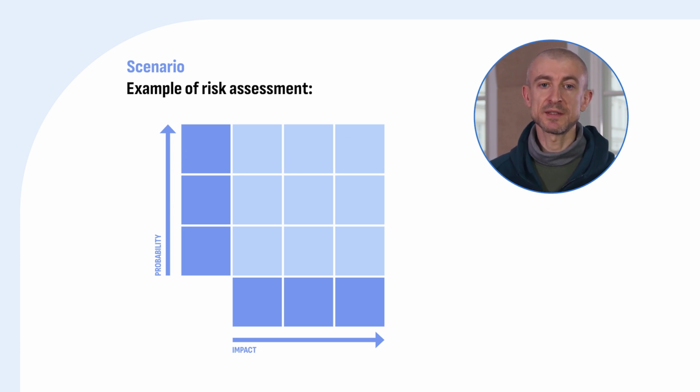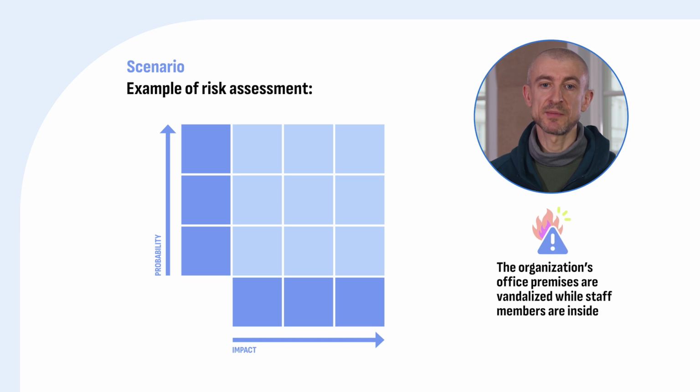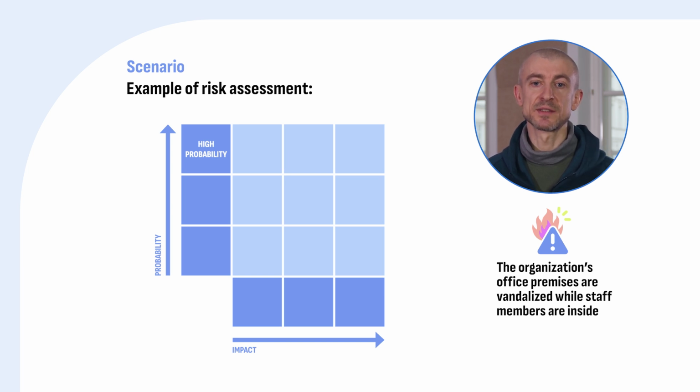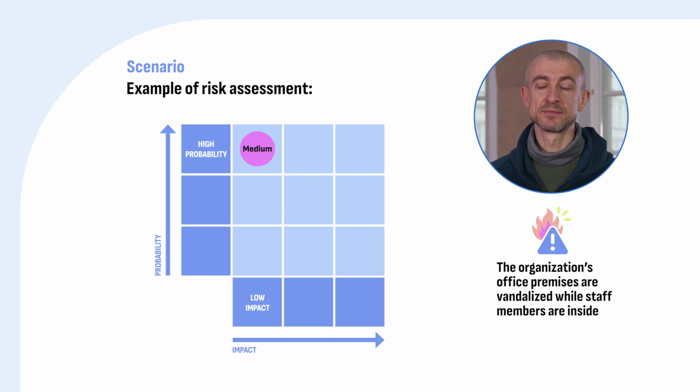Let's consider the case in which the organization's office premises are vandalized while staff members are inside the building. Since there were cases of vandalism in the past, we would consider the probability again as high. At the same time, the preparedness plan developed by the organization to handle such circumstances would make the impact of this threat quite low. So this is a medium risk.